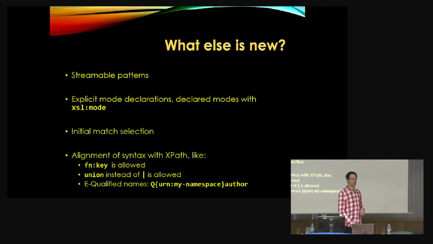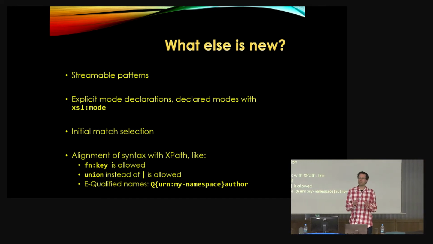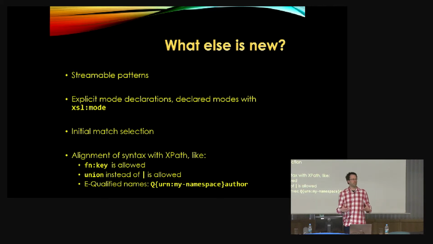And EQNames, it's like the whole namespace inside a name instead of just a prefix. You might say, why would you ever want that? Well, the only use case I can think of, but feel free to come up with something new, is for auto-generated paths. So if you dump a path to a certain node with the fn:path function, then you can use that path directly back as a pattern.